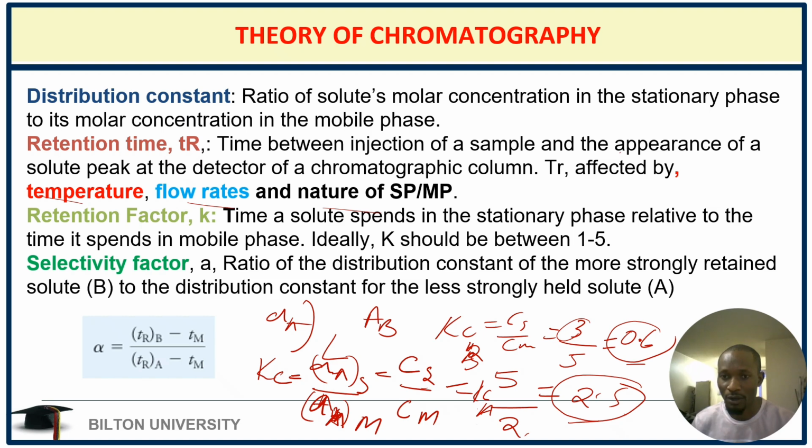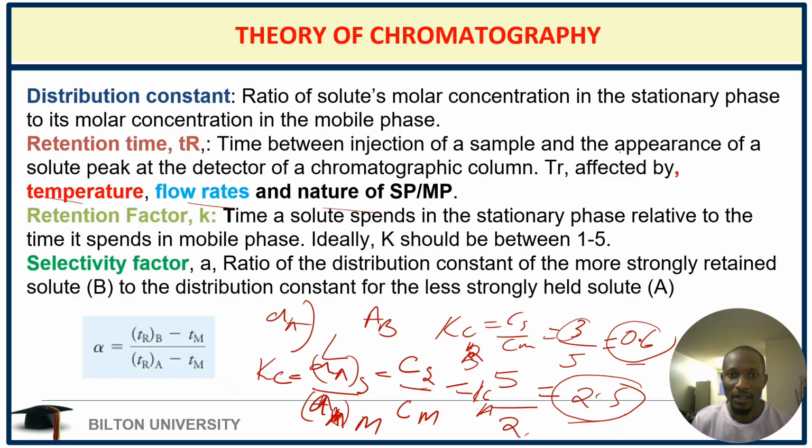So if you increase the temperature, you are going to break down the intermolecular forces within this substance, in this case the liquid mobile phase, and make it move faster. So if you increase the temperature, you are reducing the viscosity, and therefore they are going to move faster.